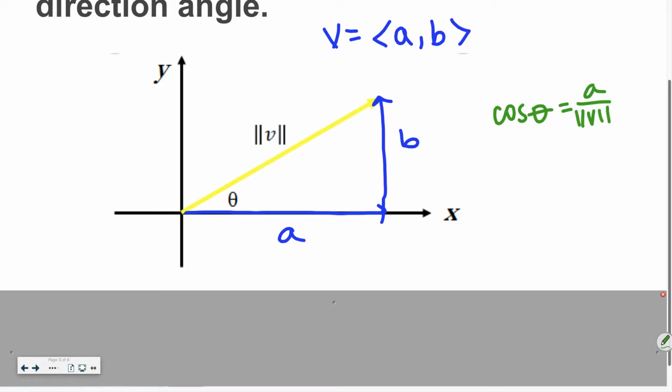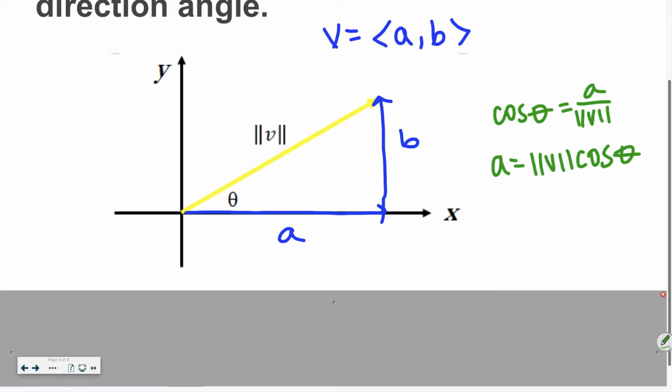So we could say that our horizontal component is the magnitude times the cosine of theta, if we just multiply that over.